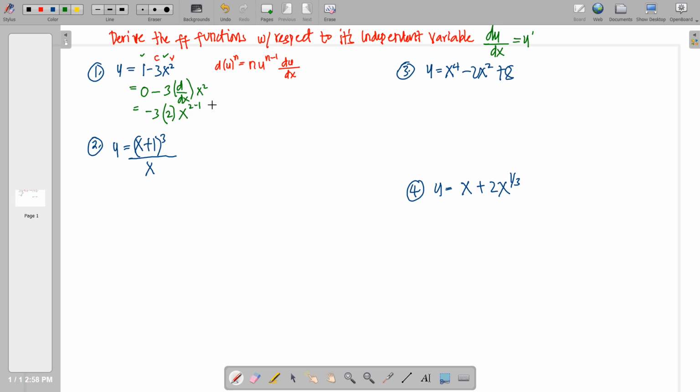So what is the derivative of x? That will be equal to 1, or dx all over dx is actually equal to 1. So finally, the answer for this first problem is negative 6x. So 3 times 2 is equal to 6.